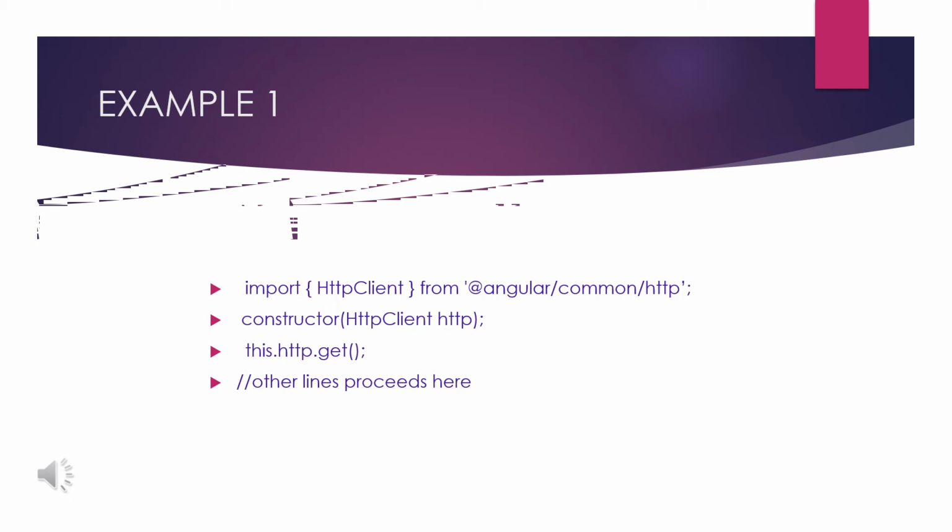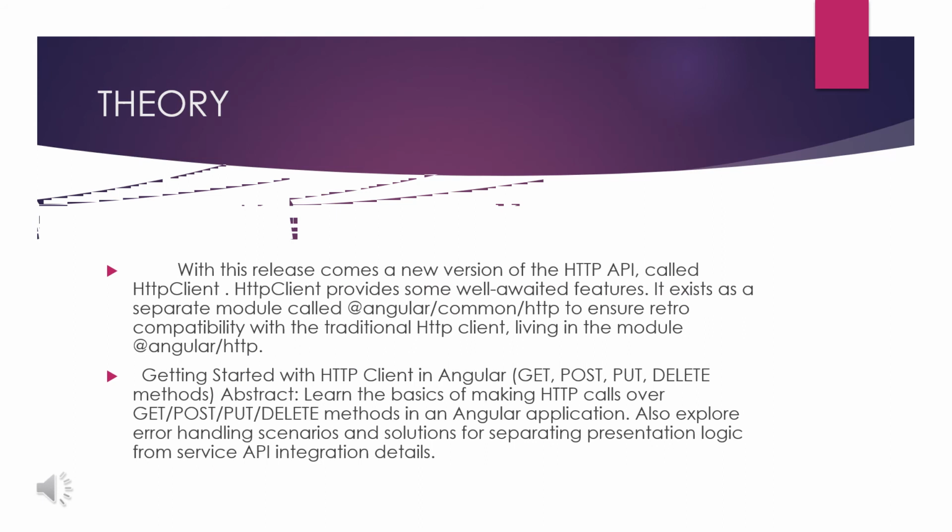We have HTTP and we have HTTP client. HTTP client has more features than HTTP. I already told you about REST methods, right? Service methods: get, post, put, delete. Those methods will be enabled with the help of this HTTP.